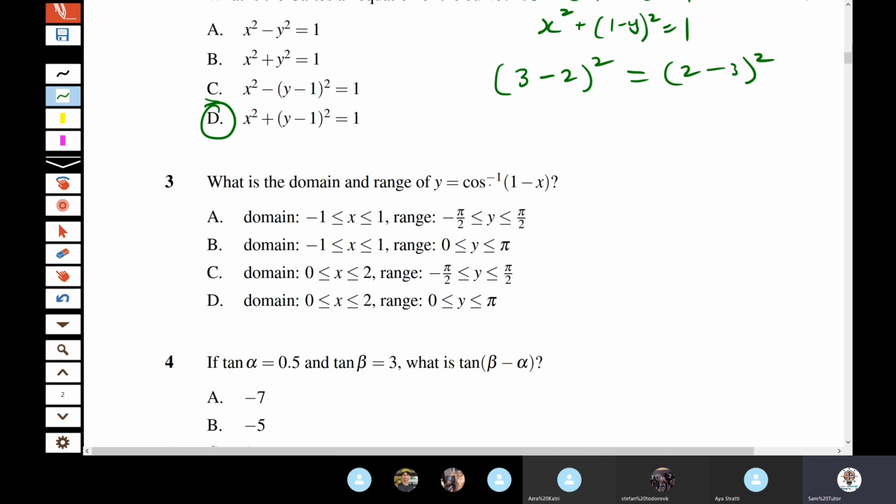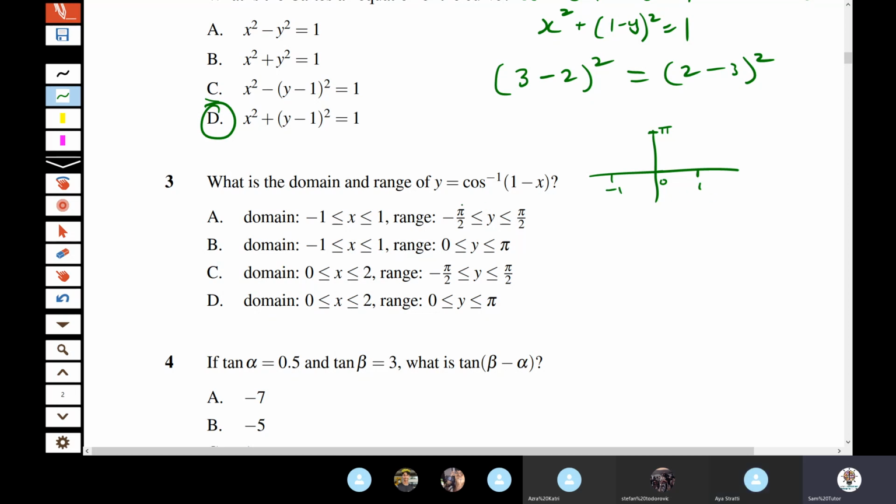What is the domain and range of this? Okay, does anyone remember what the domain and range of the original inverse cos was? 0 to pi, and negative 1 to 1.